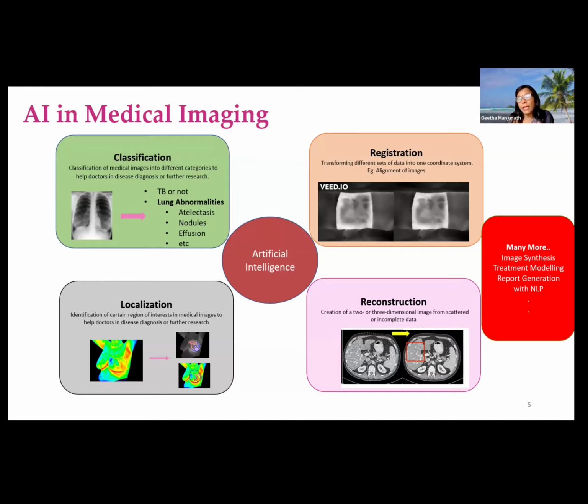AI has also been used in the registration process. You're taking an image from different sections, and when we are looking inside the human body, how do we say that this bone in the first image and the same bone in the second image are the same?